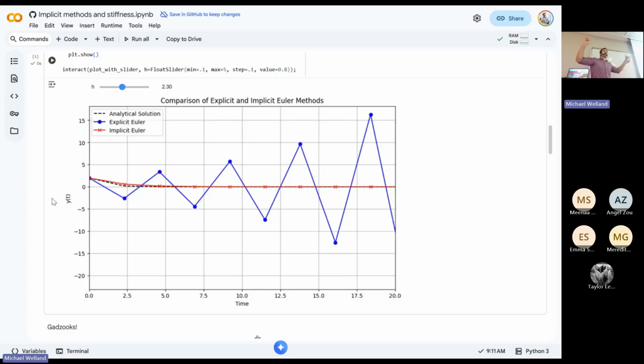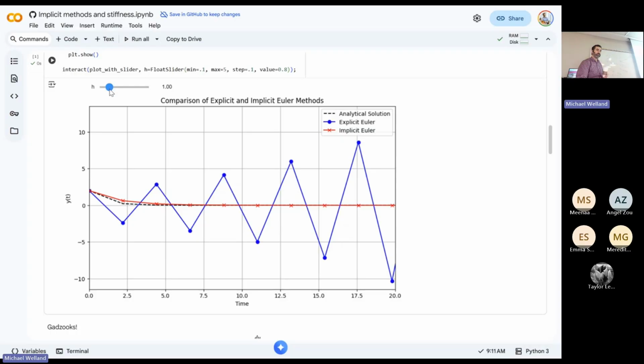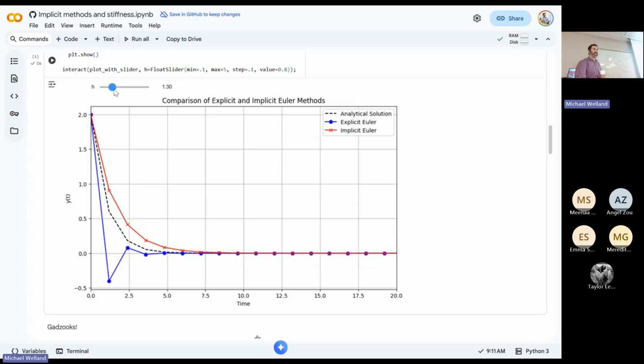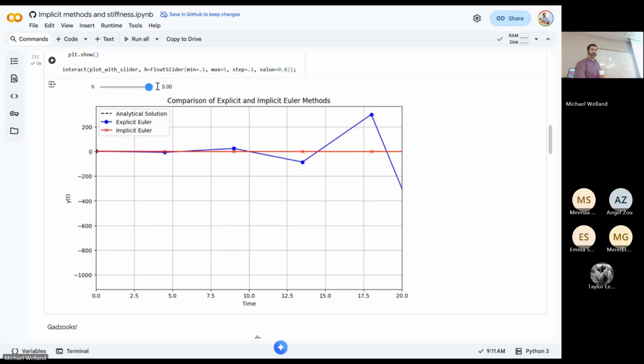Notice, for small time steps, this was actually okay. Explicit Euler is a perfectly fine answer. Explicit RK45 is perfectly fine for small enough time steps. It is when the time step gets too large that we start to have a problem.